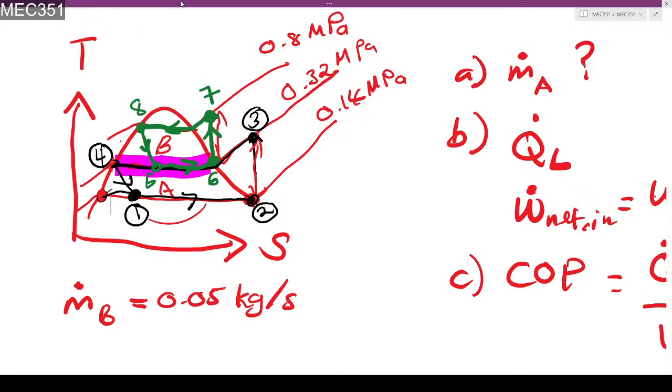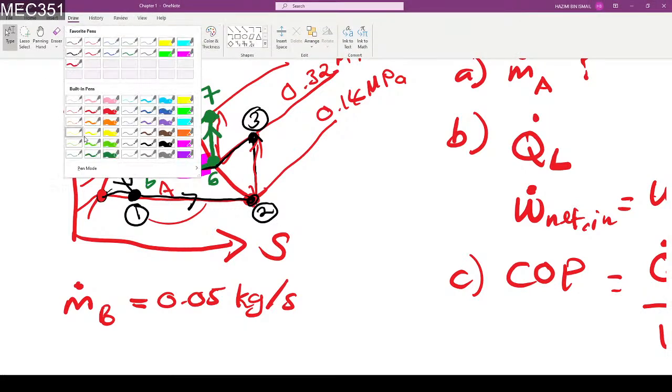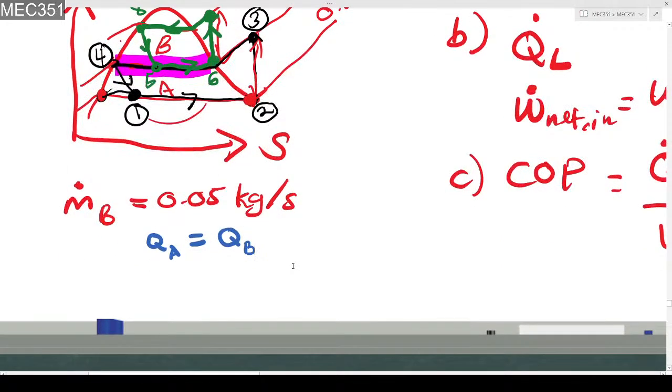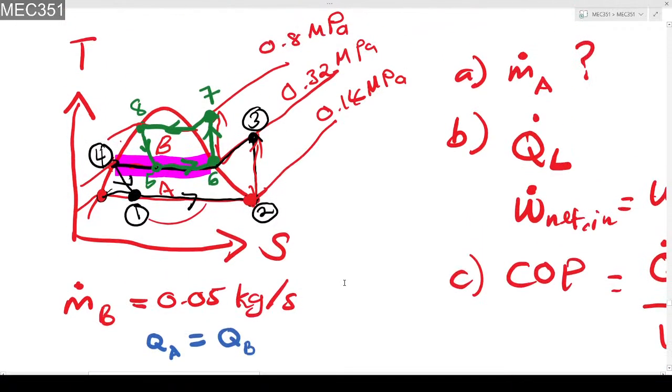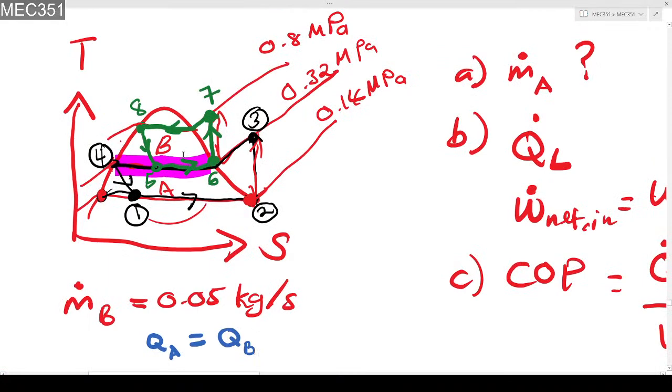So before you forget, please write down the equation. Q dot A will be transferred to Q dot B, assuming that there is no heat loss, because the question has mentioned this is an adiabatic heat transfer.